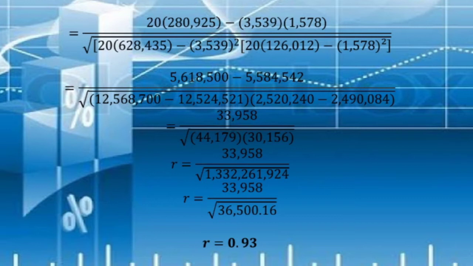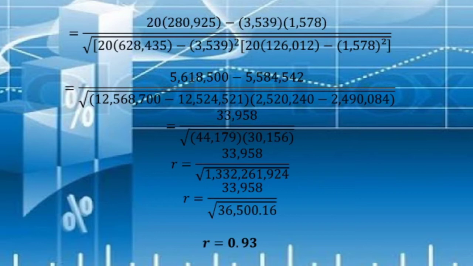Then 2,520,240 minus 2,490,084 equals 30,156. Then r equals, copy the numerator, which is 33,958.